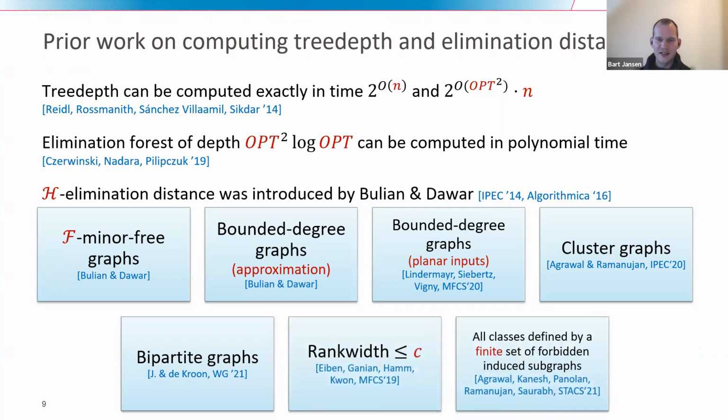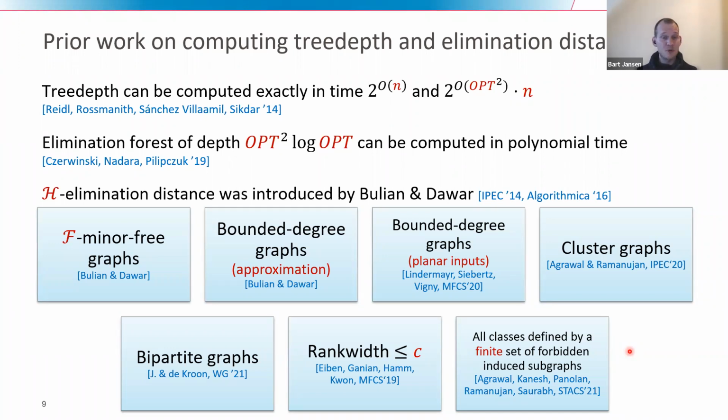And at STACS this year, there was a general result that said that for a large family of graph classes, as long as you can define them by a finite set of forbidden induced subgraphs, then you can compute the H elimination distance to this class in time that is, on the one hand, fixed parameter tractable, but on the other hand, the function f is quite daunting. It's not a single exponential, but a bit worse. Let's leave it at that.